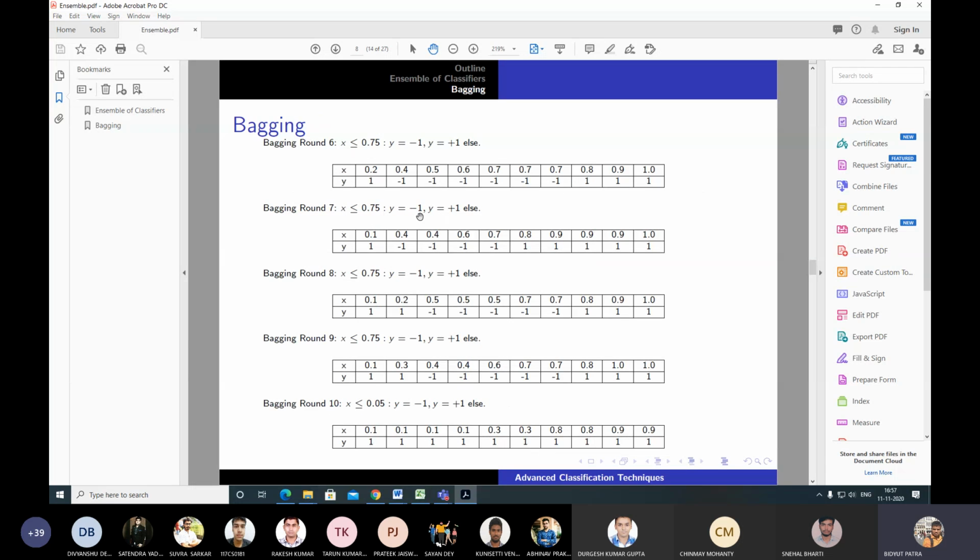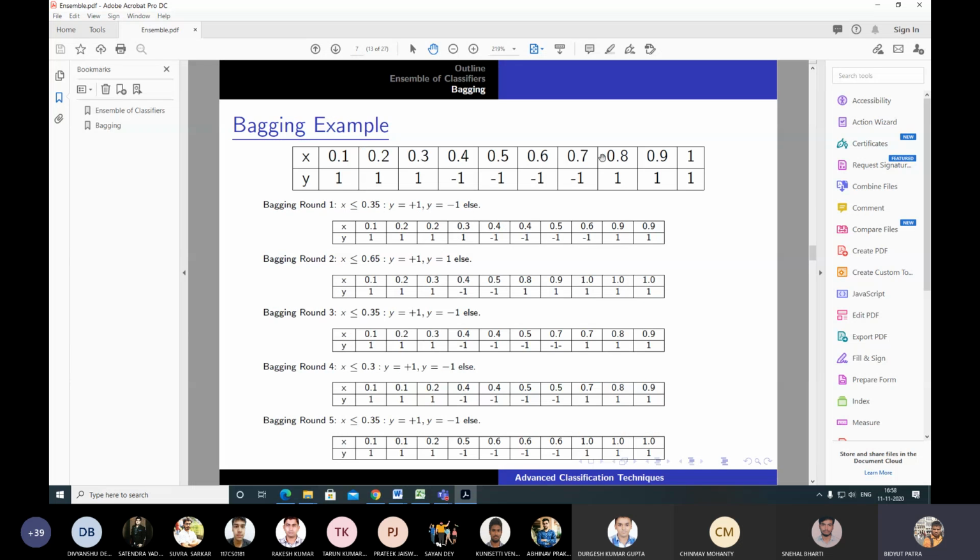Lesser than it is -1 and above is +1. So lesser than 0.75 all should be -1, but unfortunately this will make a mistake, and above will do the right thing, but this will make a mistake. Therefore, no decision stump rightly identifies the class labels of the original training example, which means no decision stump will have a training error of 0. Did you get my point?